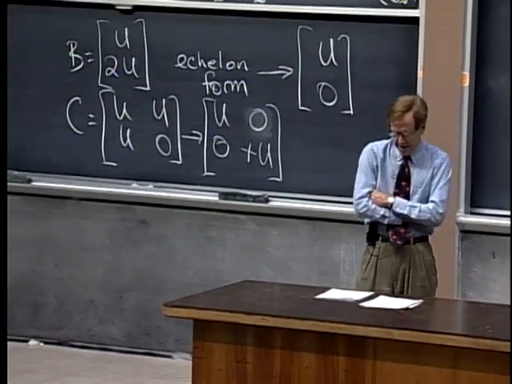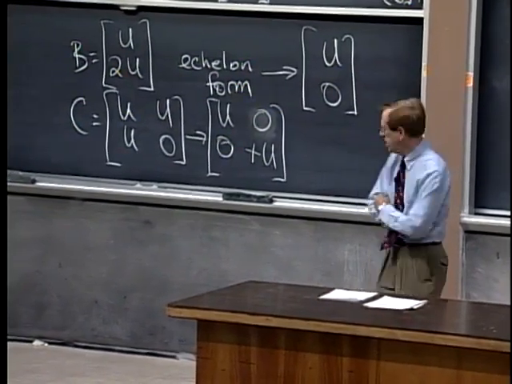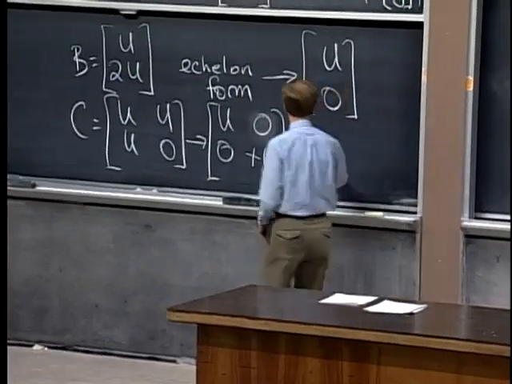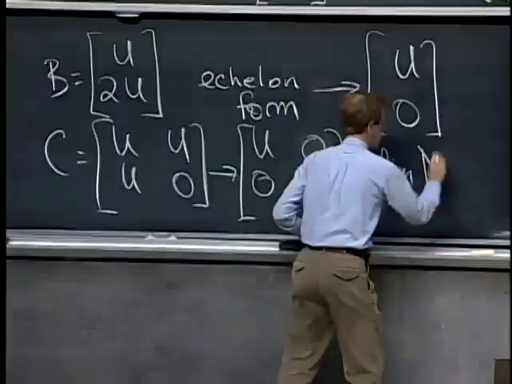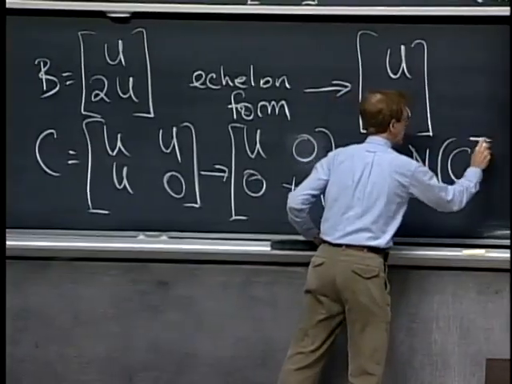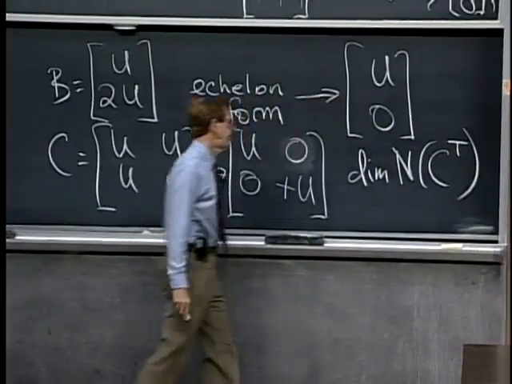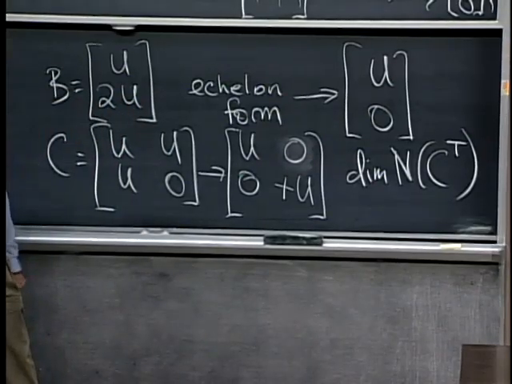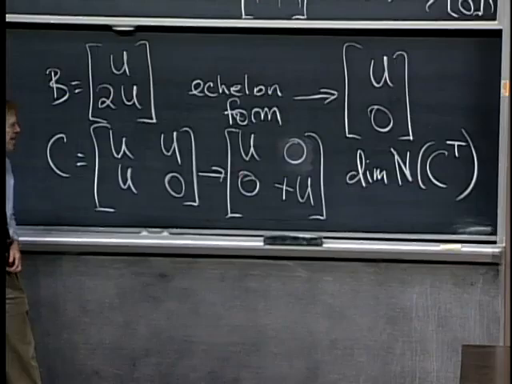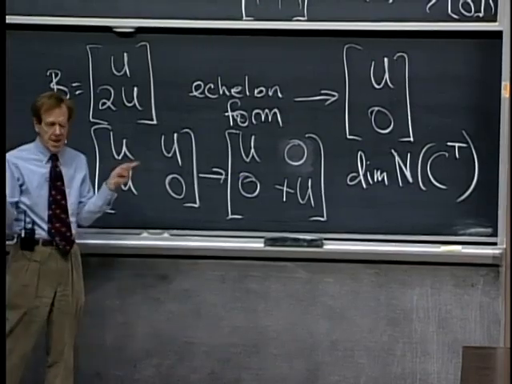Now finally, this easy one. What's the dimension of the null space of C transpose? Oh boy. Okay, so if I want the dimension of a null space, I want to know the size of the matrix.